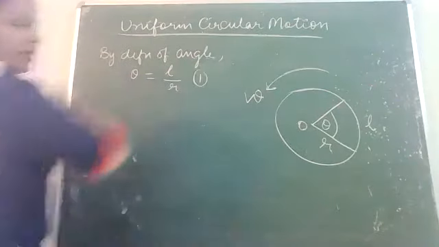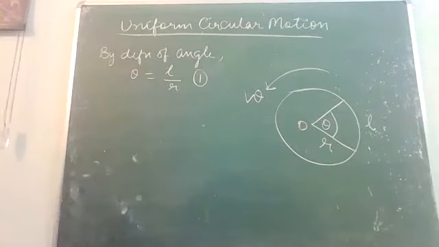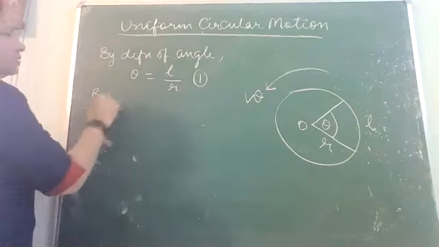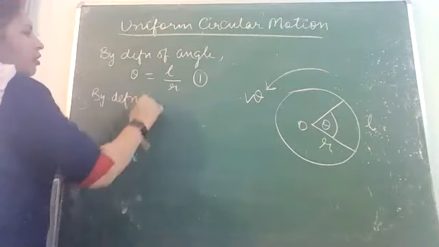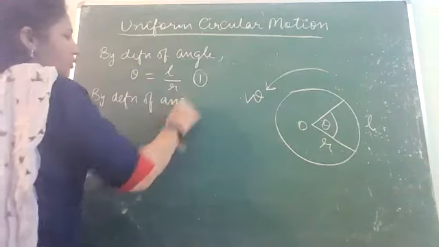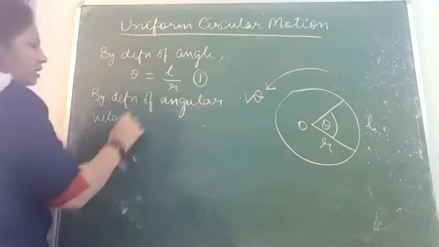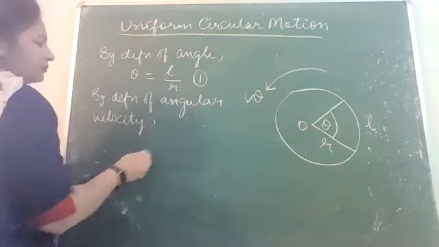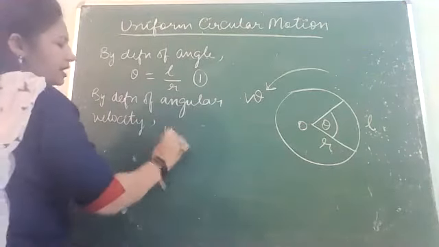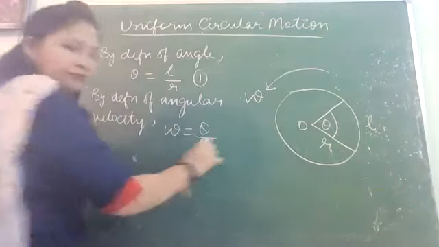We just did this. Now by definition of angular velocity, omega is theta by t also.